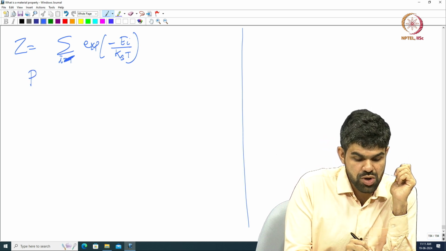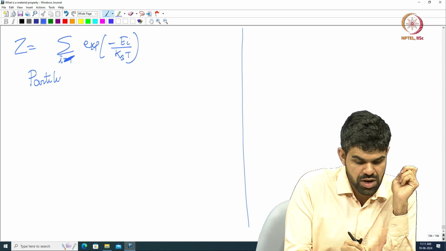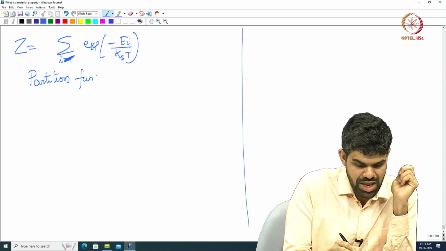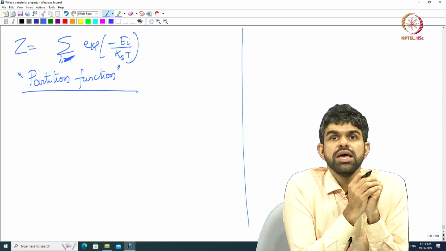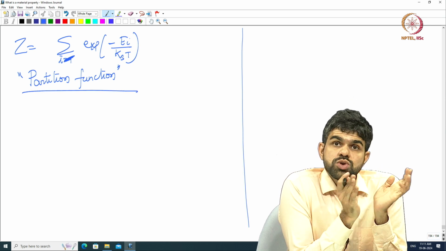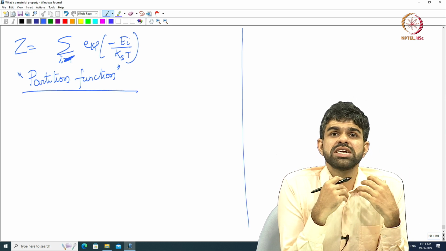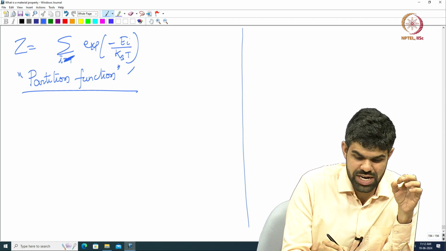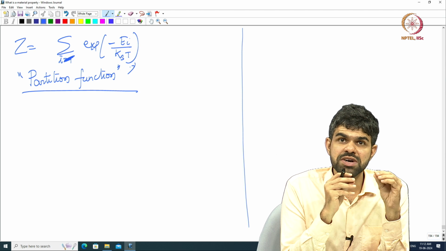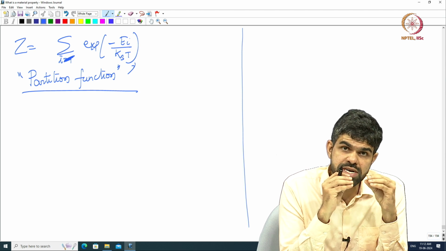So this is what is called a partition function. Okay. Now, so what is this partition function really saying, right. So this partition function, if you look at it carefully, has probabilities, all probabilities are added up, right.